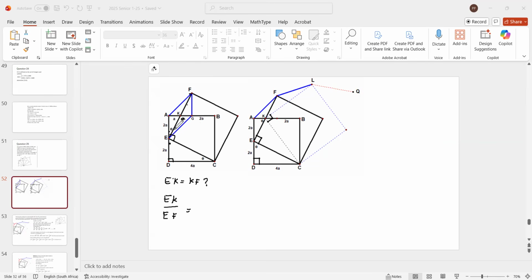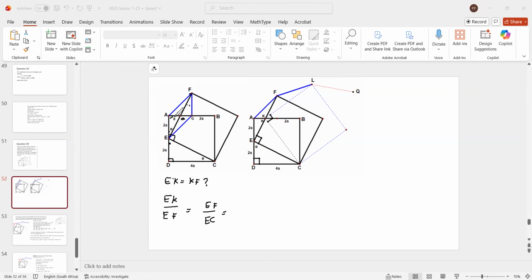I want to prove that EK is half of EF. And that'll mean that EK and KF are the same thing. So EK over EF, if you remember, we constructed a square here. EF is the same as EC.